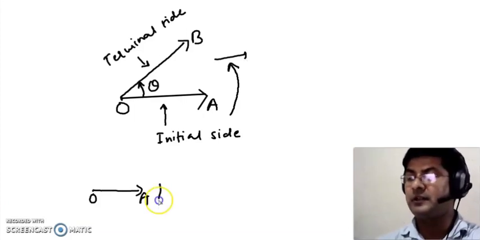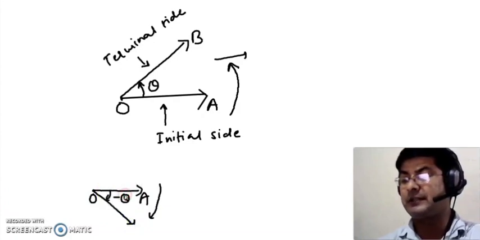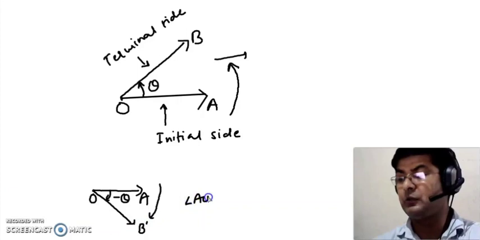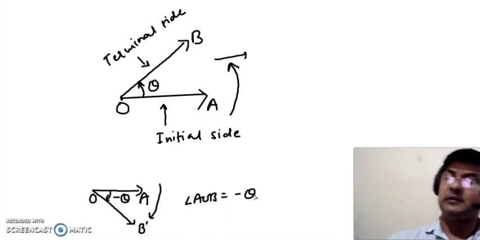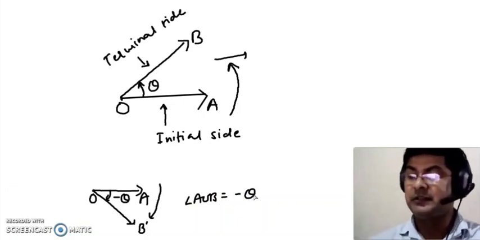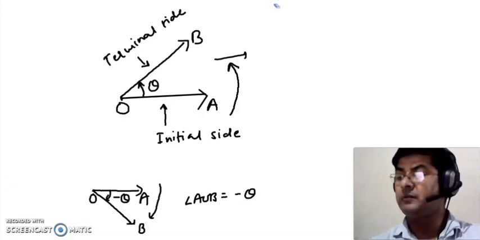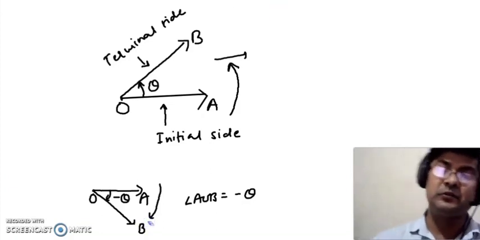If you are considering the rotation in the clockwise direction, then this direction is called the negative direction, so the angle formed will be negative. Clear? If angle AOB is theta, then in the clockwise direction, angle AOB dash will be equal to minus theta.